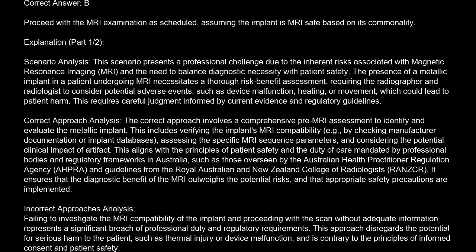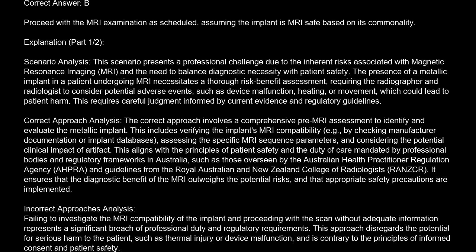The presence of a metallic implant in a patient undergoing MRI necessitates a thorough risk-benefit assessment, requiring the radiographer and radiologist to consider potential adverse events, such as device malfunction, heating, or movement, which could lead to patient harm. This requires careful judgment informed by current evidence and regulatory guidelines. Correct approach analysis.